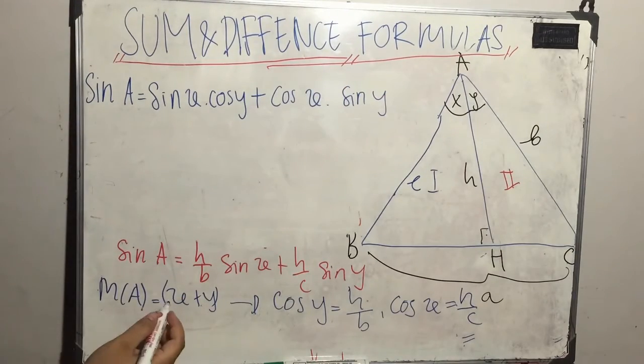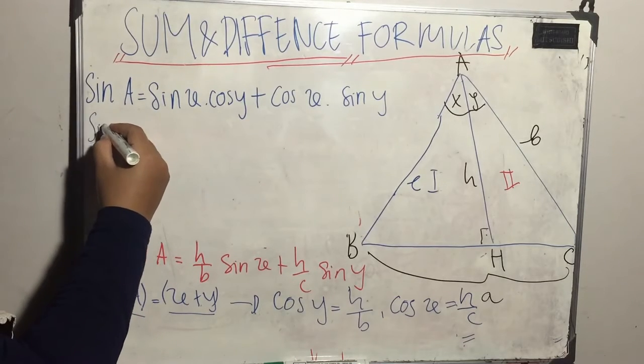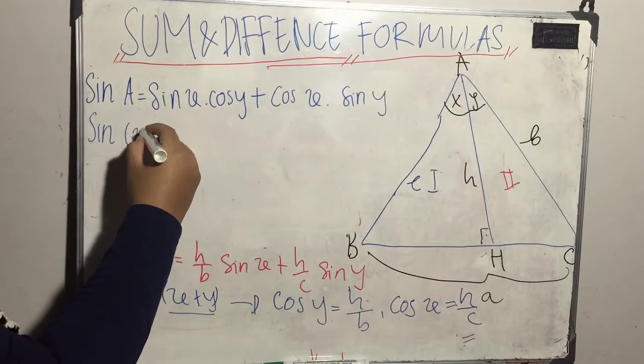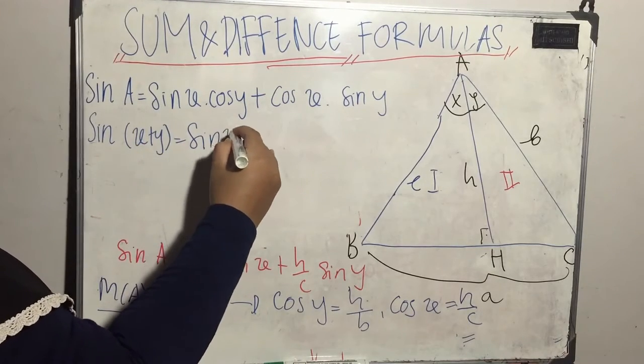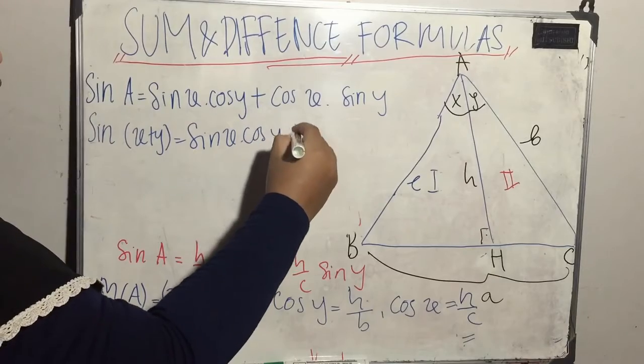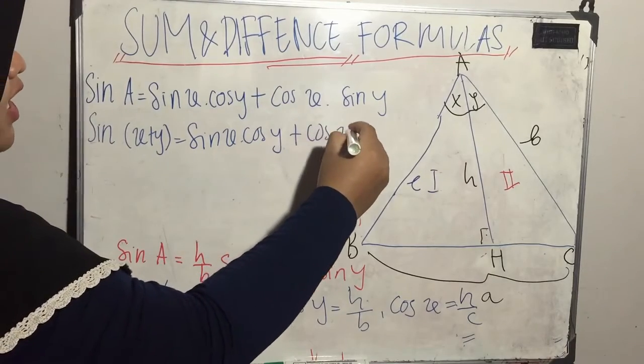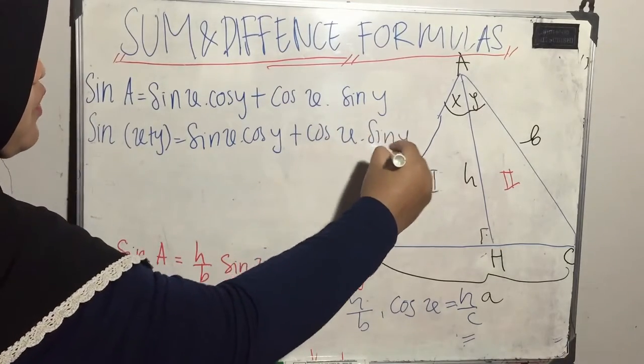And we have the angle of A equal to X plus Y, so we can substitute angle A to be X plus Y. So here, sinus X plus Y equals sinus X cosine Y plus cosine X times sinus Y, everyone.